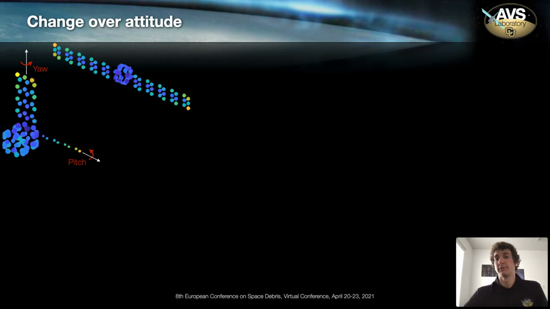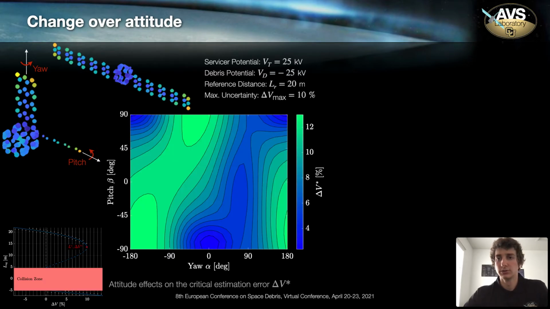Now, so far we've looked at only one orientation of the debris, which is the orientation that is shown in this figure right here. But what happens if we actually change the orientation of the debris? How does this affect the closed loop response? If we rotate the debris and bring it into different orientations, then we can see in this figure right here that the critical estimation error of delta V star is affected by that.